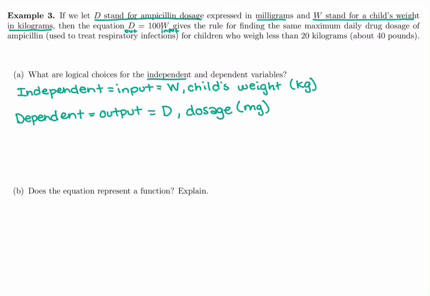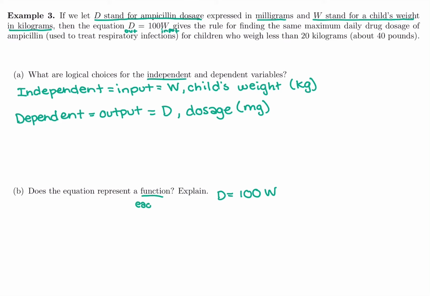So does this equation represent a function? Explain. So looking at this function, D equals 100 W. Does it look like each input is going to have exactly one output? That's what this is asking.